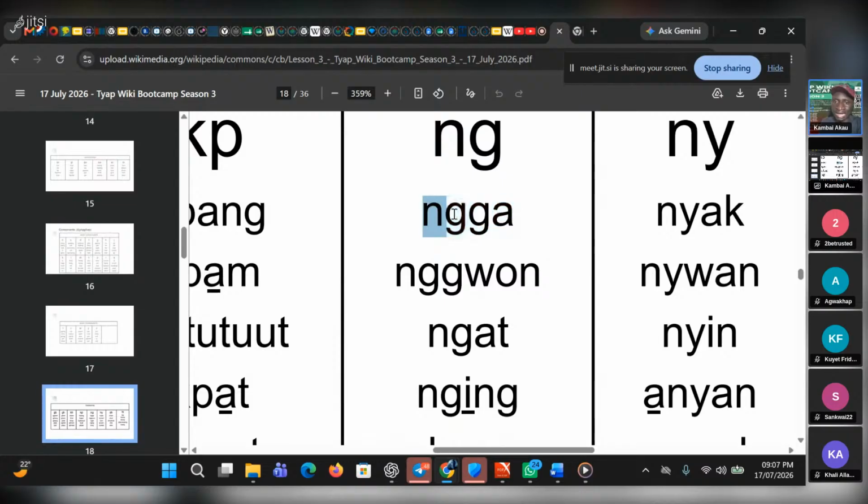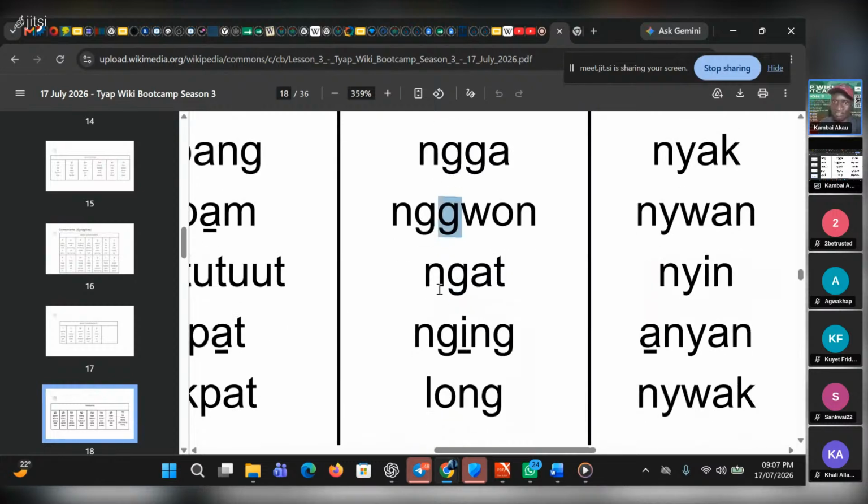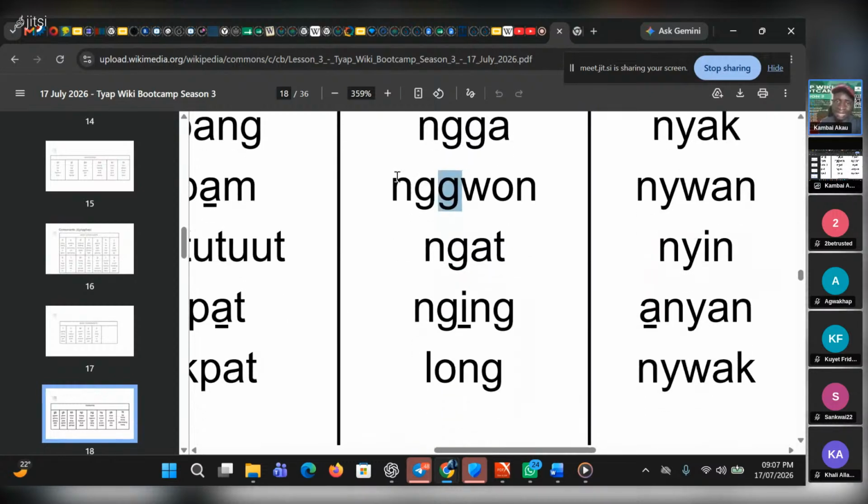We have guan. By the time you remove one G, it will become one. Well, you know that that is actually not the Tyap language. And then we have ngat. That's like uprooting something from the ground. And then we have nung, and then we have long.